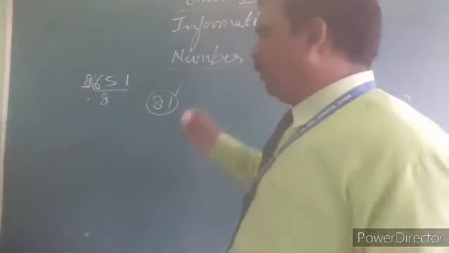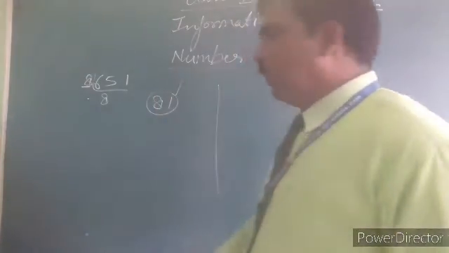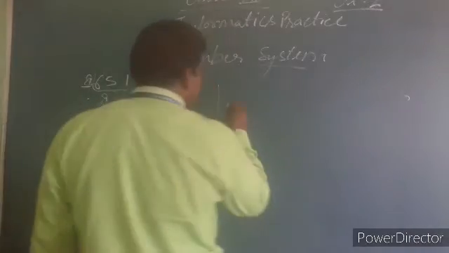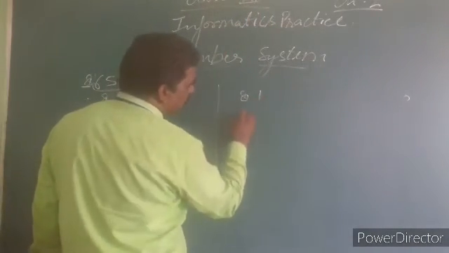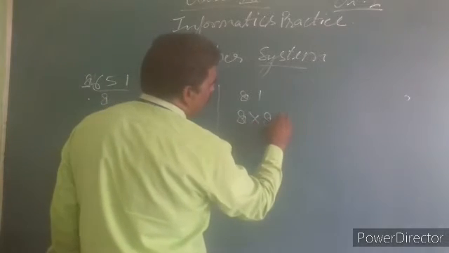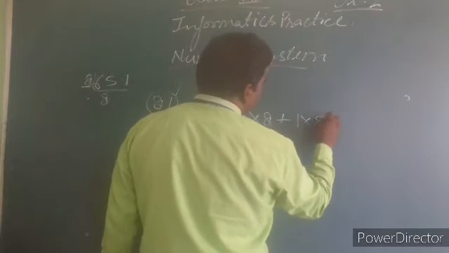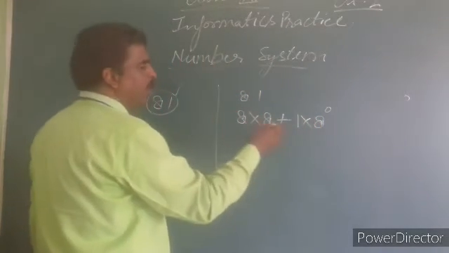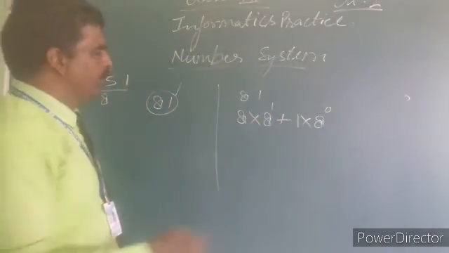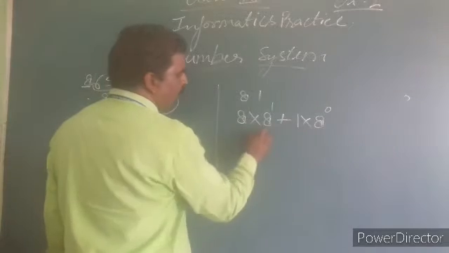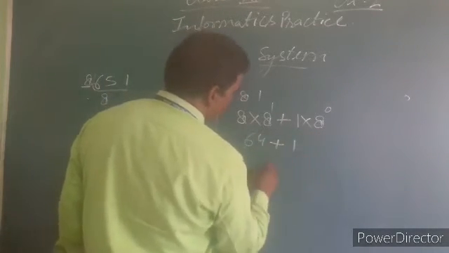After that, if you want to check it, according to the previous method, so check it. 81 is 8 into 8 plus 1 into 1. In same pattern, 8 8s are 64 plus 1 into 1 equals 65.